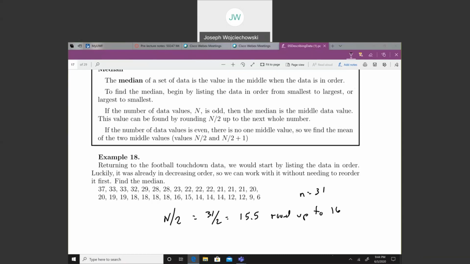And our median is the 16th data point. So let's see. 1, 2, 3, 4, 5, 6, 7, 8, 9, 10, 11, 12, 13, 14, 15, 16. So the median is 20. That's it.